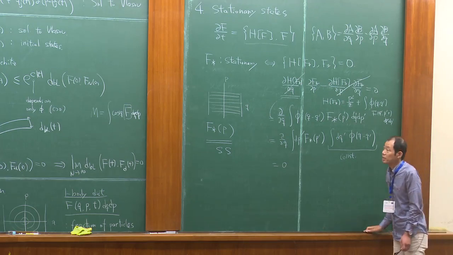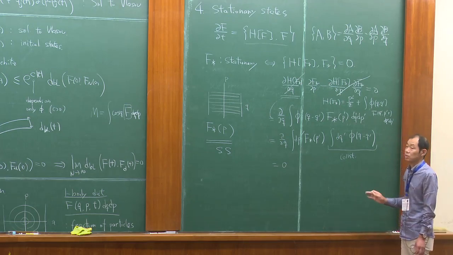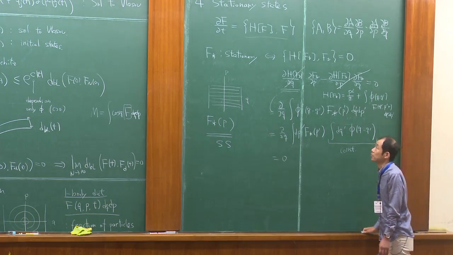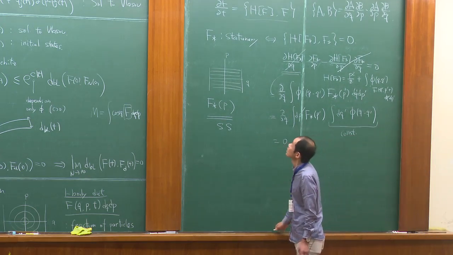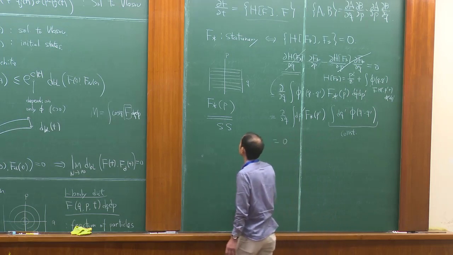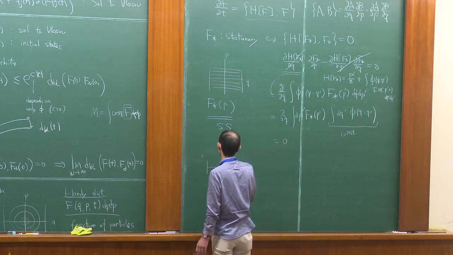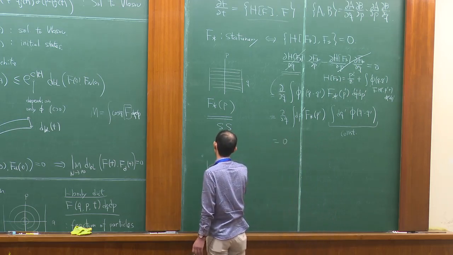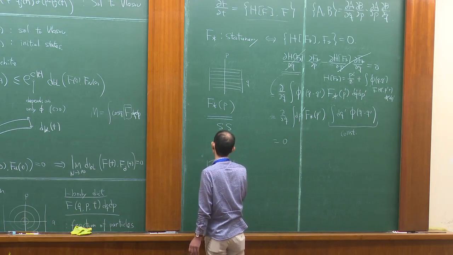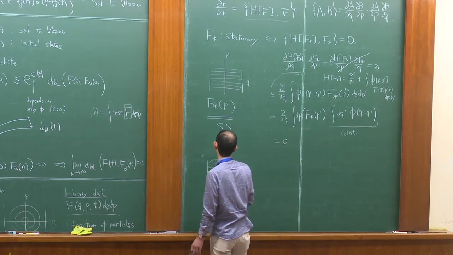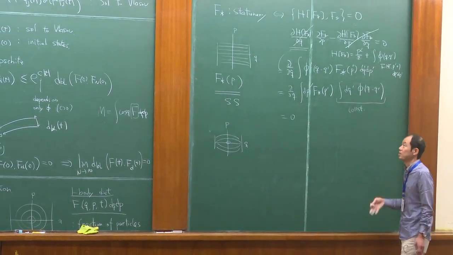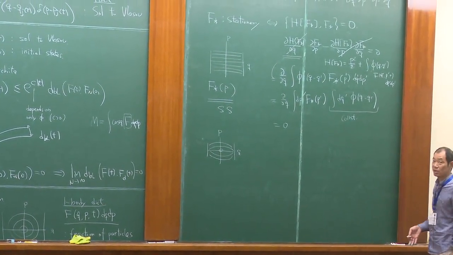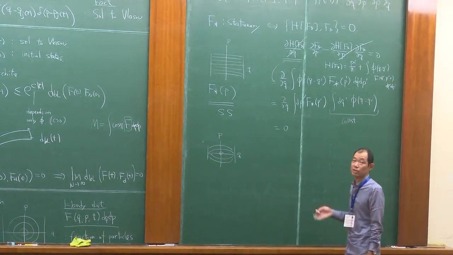So any homogeneous state is stationary. It is a strong nature of the Vlasov equation. And how about inhomogeneous states? Can we get a very big family of stationary states or not? The answer is yes.